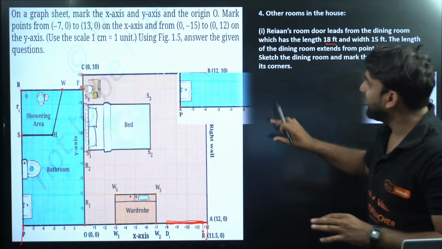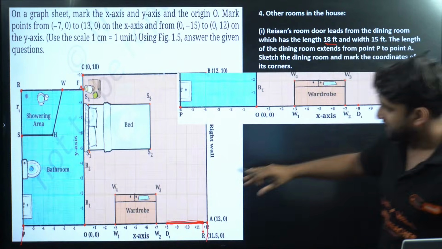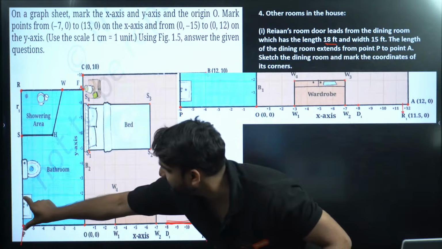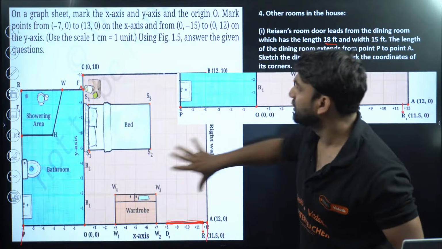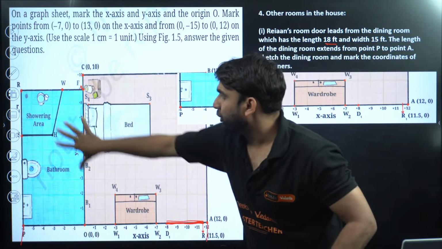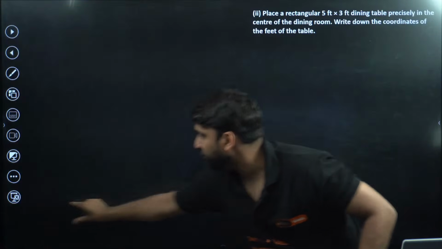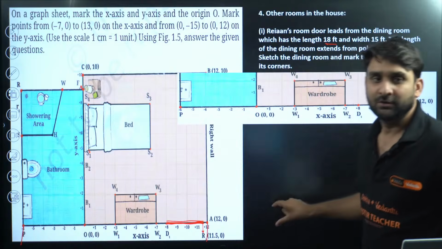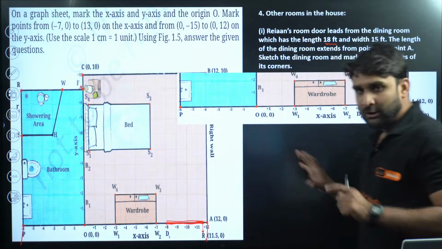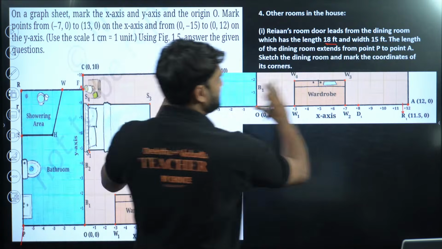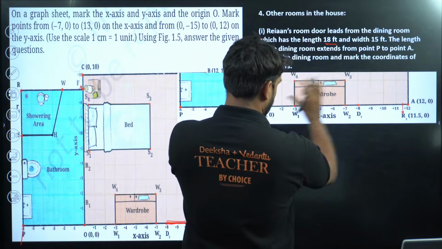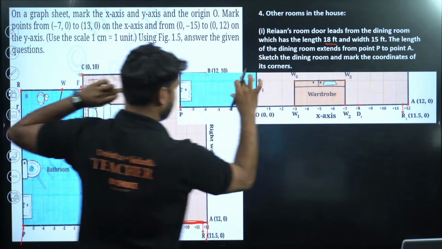So I have taken one more picture here. I have cropped this part, because I don't need to look at this region in this question. I need only the bottom part. Please try to understand the question first. This is Riyan's bedroom, here is the wardrobe, this is the bedroom portion, and this is the bathroom portion.